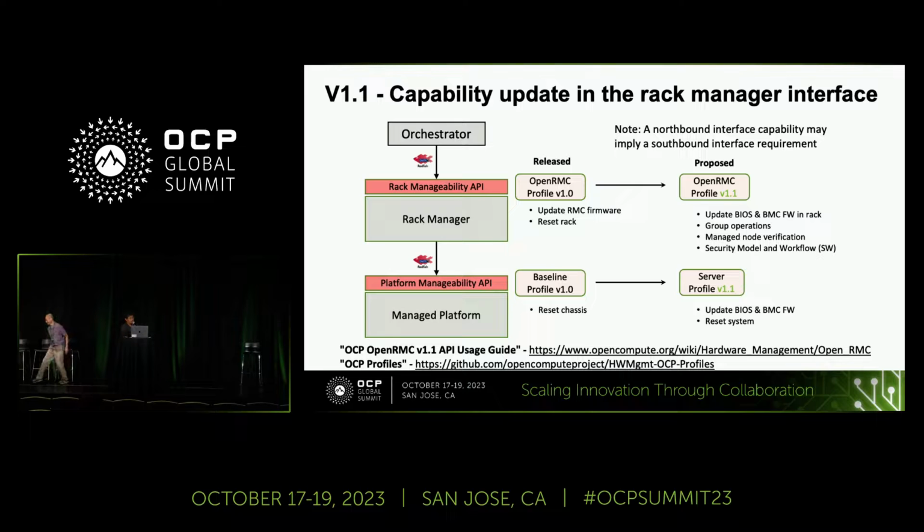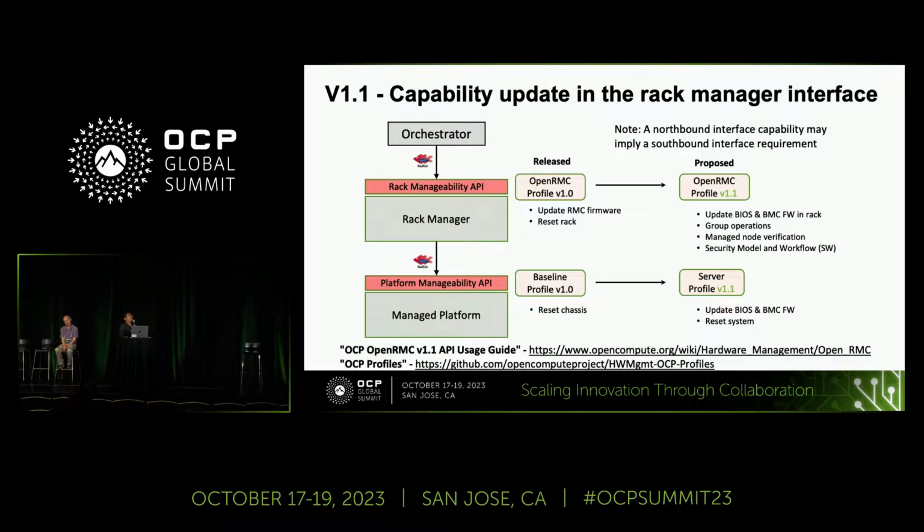The Rack Manager sits in between the orchestration layer and the southbound management platform. The OpenRMC project is mainly focused on the northbound interface. As we know, the northbound interface capability also implies a southbound interface requirement.